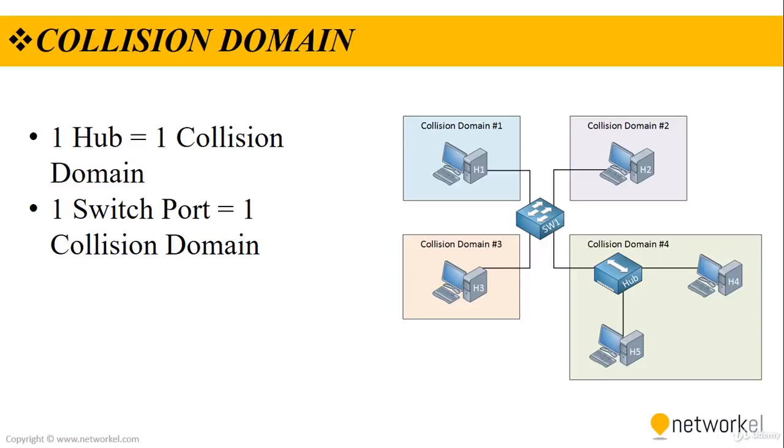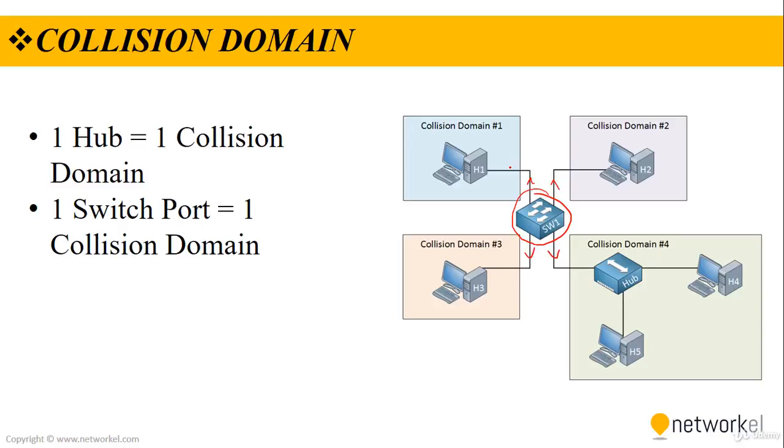Collisions are often in a hub environment because each port on a hub is in the same collision domain. By contrast, each port on a bridge, a switch, or a router is in a separate collision domain. As you can see here, we have a switch, and this switch has four different ports.